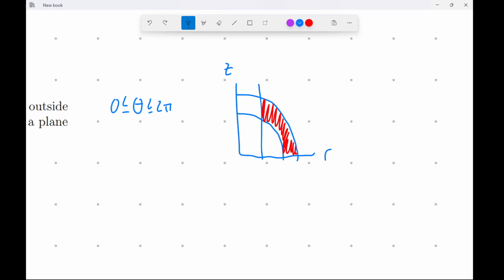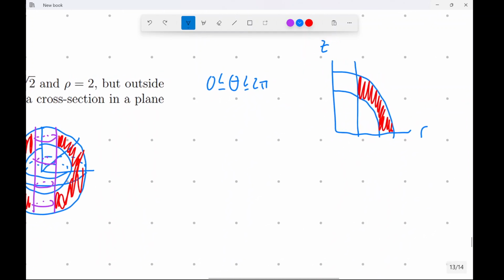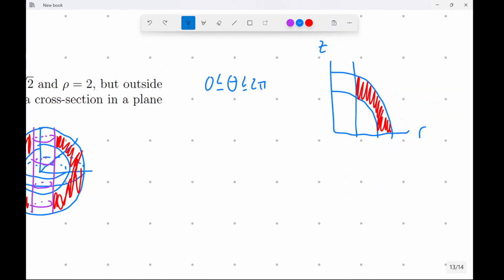First, we'll start with our R bounds. So R can be between, let's see, right here, R is equal to 1, and up here, R is equal to 2 up there. Being silly. Here it's root 2.